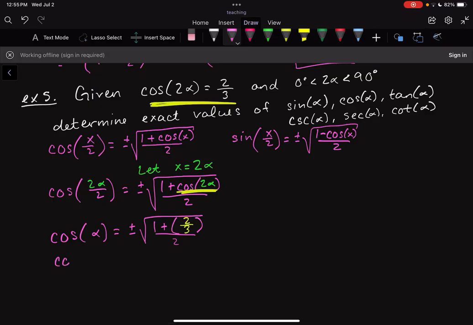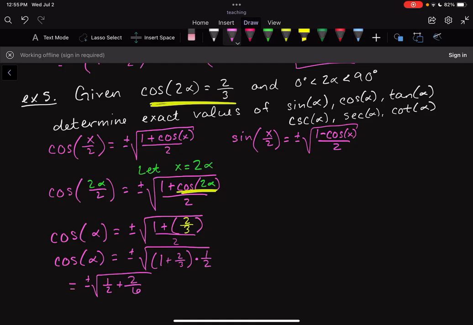So then I have cosine alpha is equal to plus or minus. Now I'm going to have to simplify this. So I have square root of 1 plus 2 over 3. And I'm going to multiply this by 1/2 instead of dividing by 2 because I'm using the reciprocal. This becomes plus or minus 1/2 times 1 plus 2 over 3.